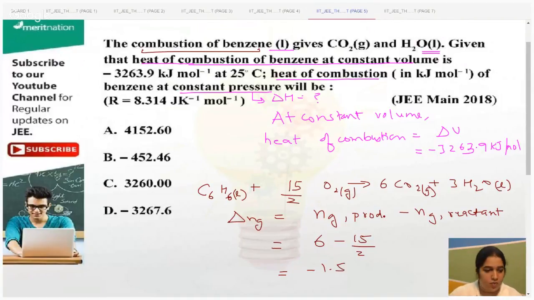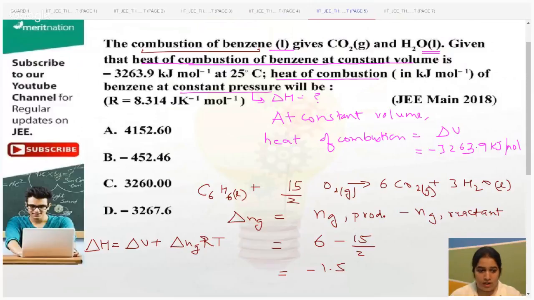Which formula can we apply here so that I get the correct answer? Delta H is equal to delta U plus delta Ng RT, where R is the gas constant, where T is the temperature that's provided to us, we need to take it in Kelvin.